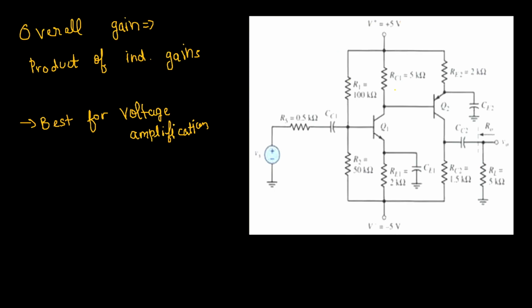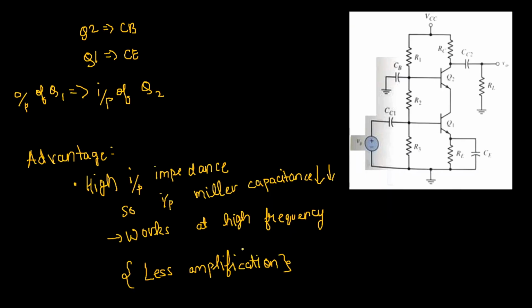Let's say if you use one of these amplifiers individually, you get a gain of X, and if you use the second one individually, you get a gain of Y. Upon cascading both of them, the overall voltage amplification will be the product of X and Y. So this cascading is perfect when you are trying to get voltage amplification.